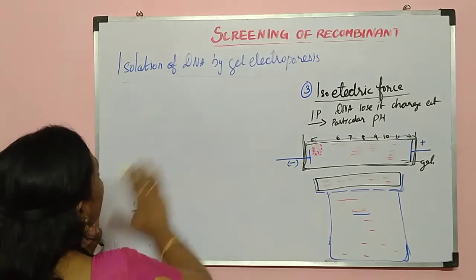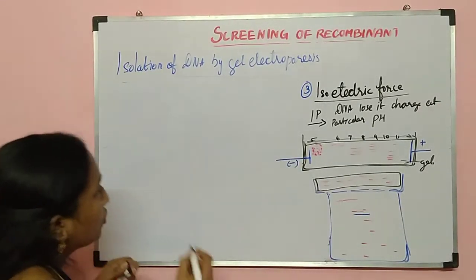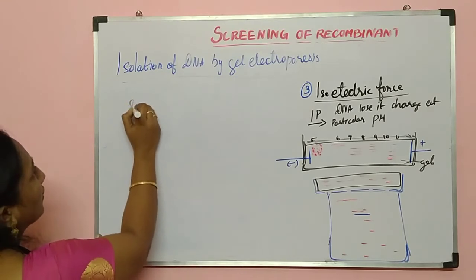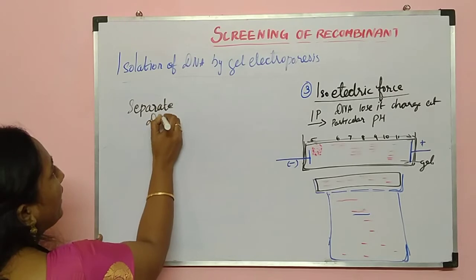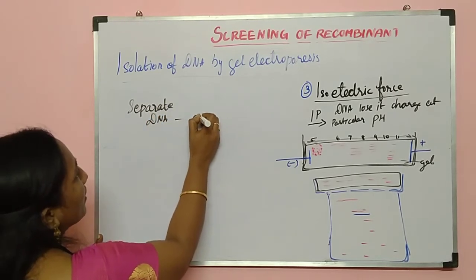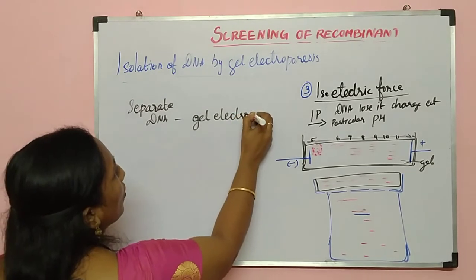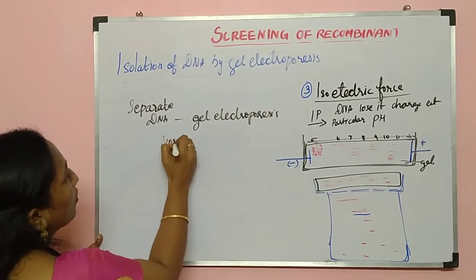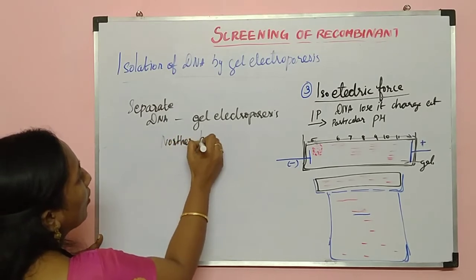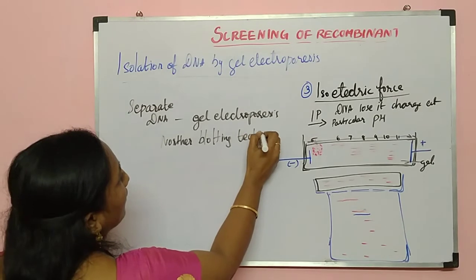If you separate RNA by gel electrophoresis, then it is called the Northern blotting technique.